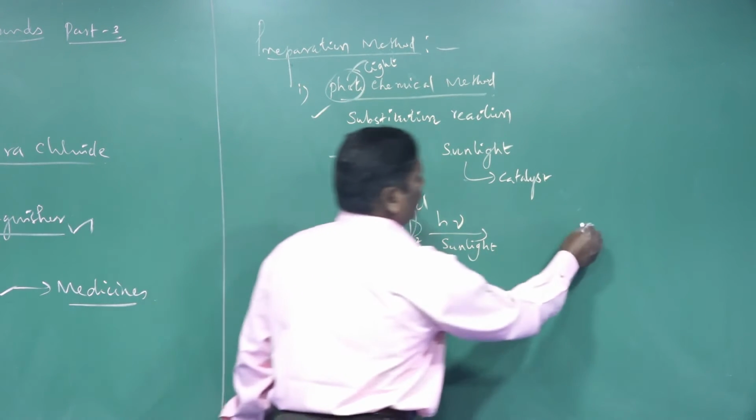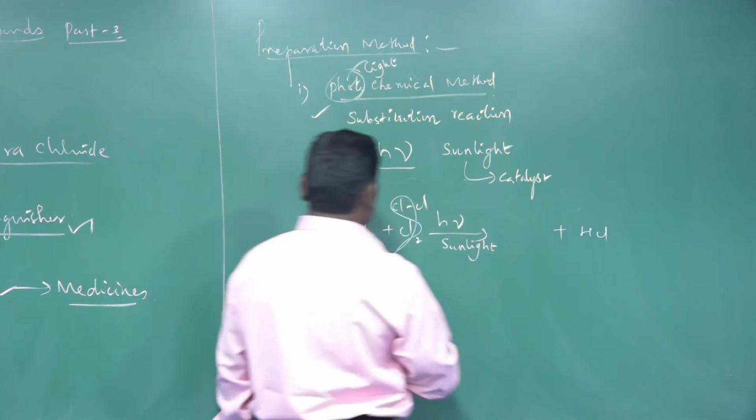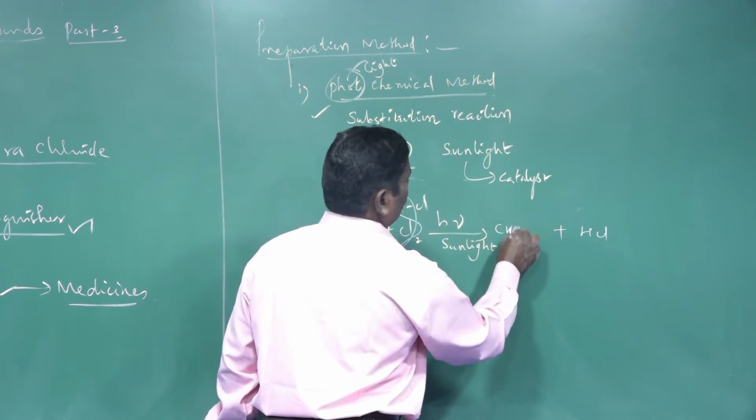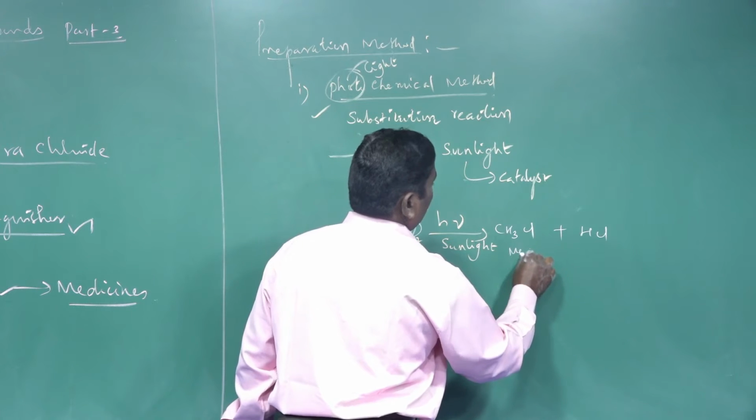The remaining part is CH3 and Cl, which is methyl chloride.